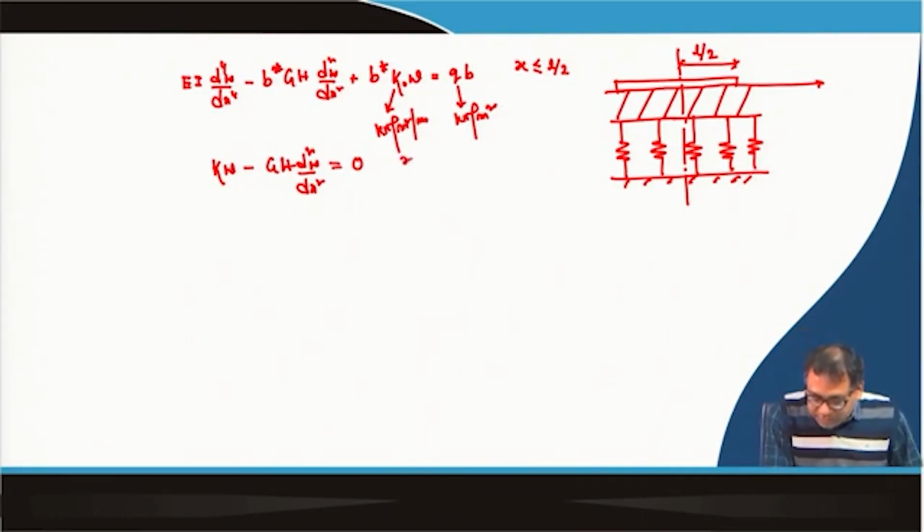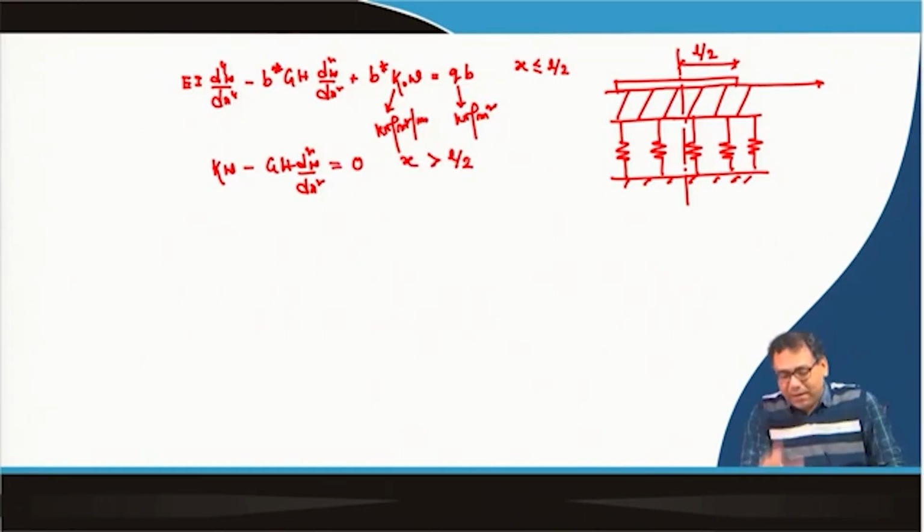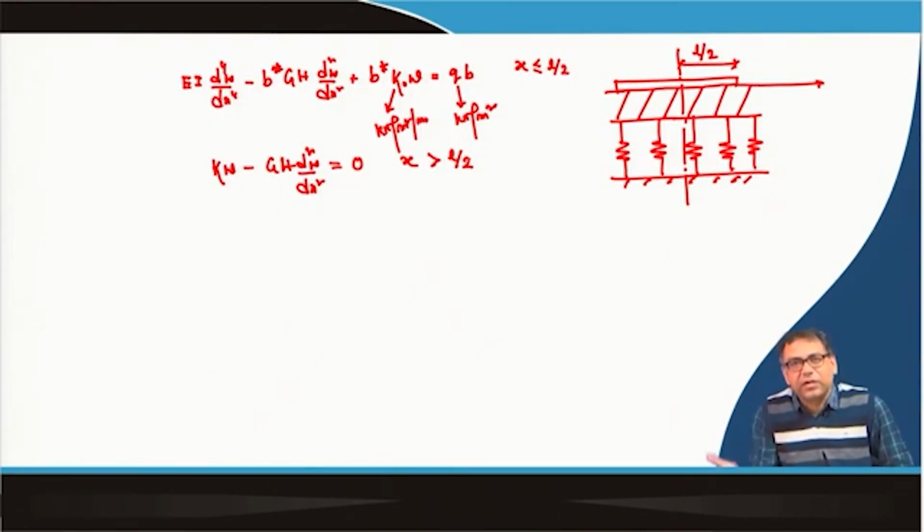So, this equation is valid if x is greater than L by 2. So, if your beam is on a 2 parameter model, there will basically be 2 equations, one within the beam, another outside the beam.